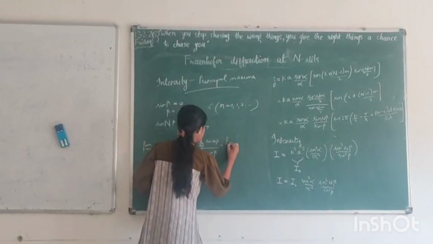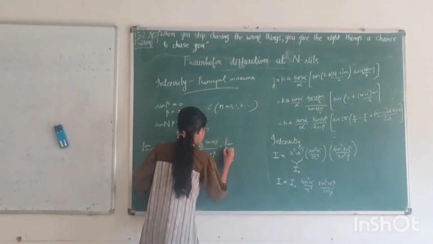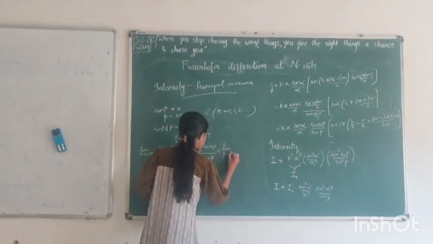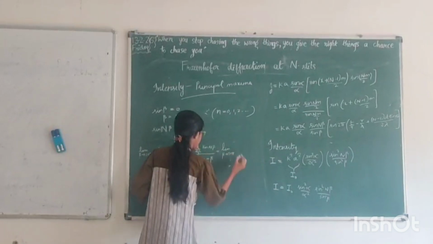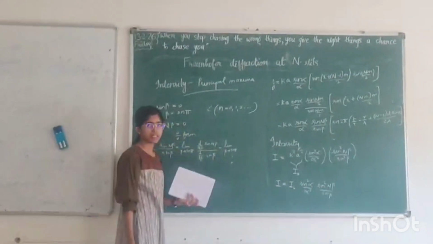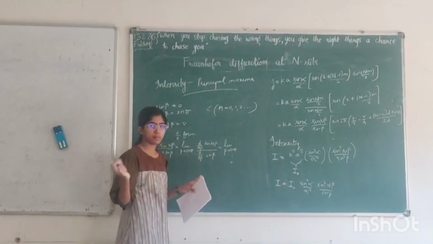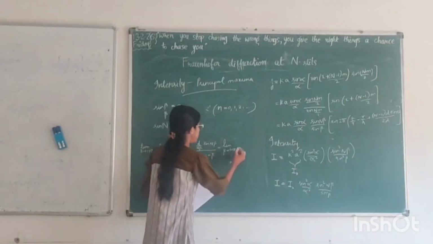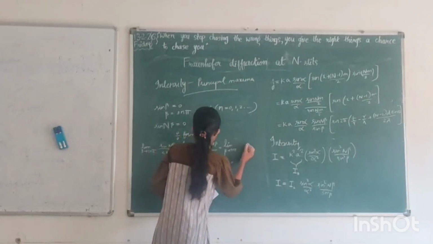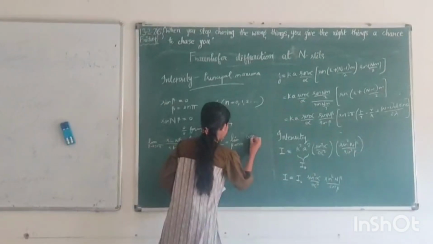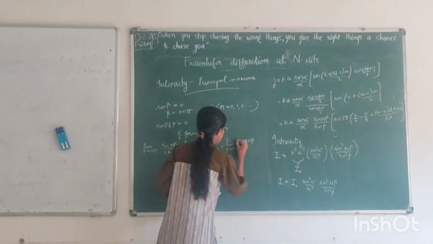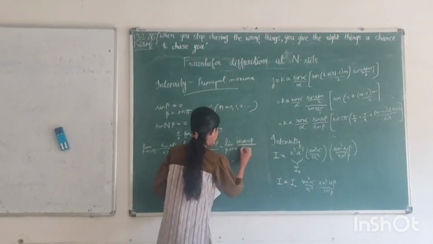So it will be the limit as beta tends to plus or minus n pi. The derivative of sin n beta will be cos n beta, and we multiply by n. So cos n beta into n divided by cos beta.